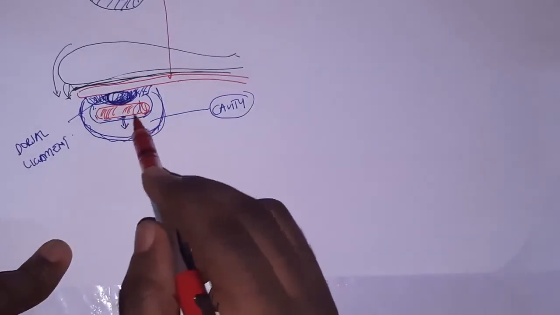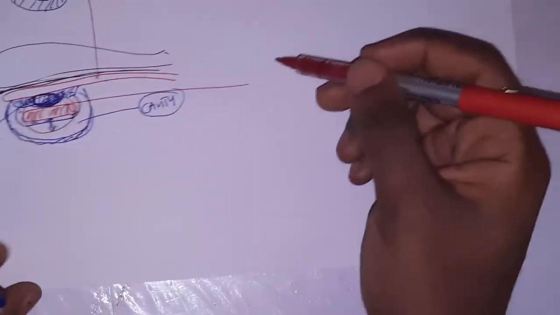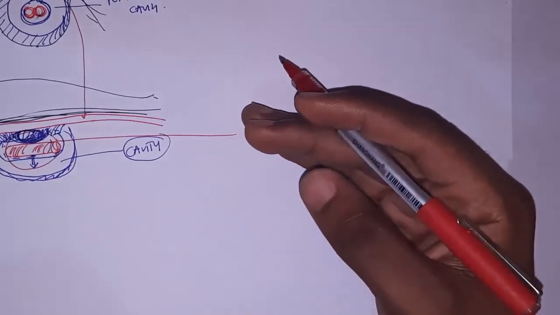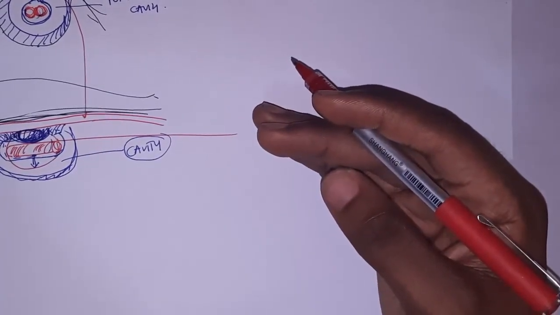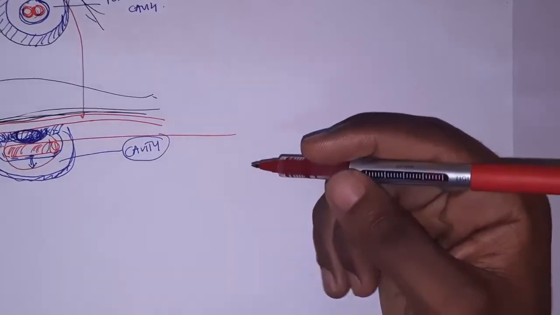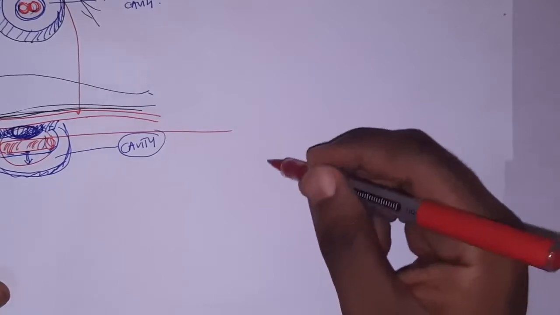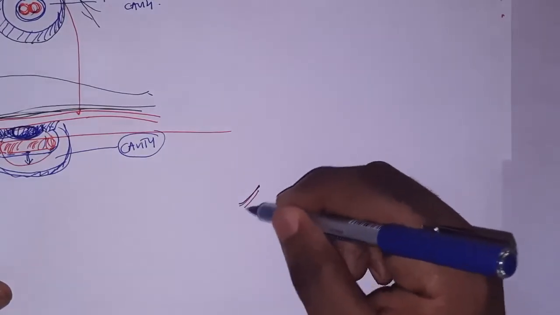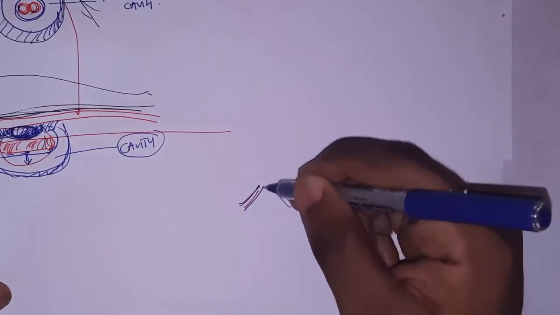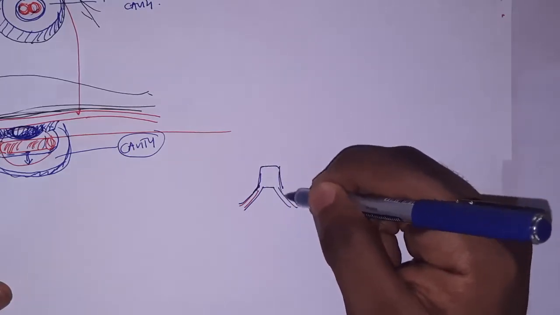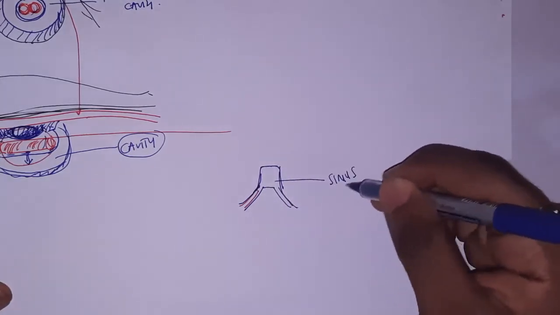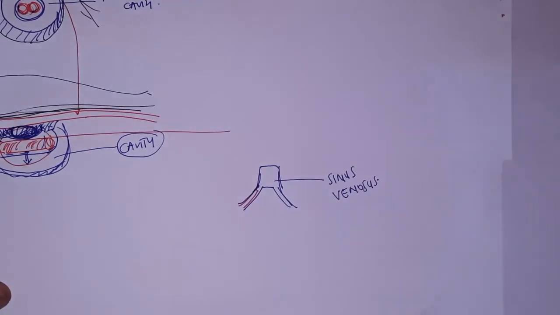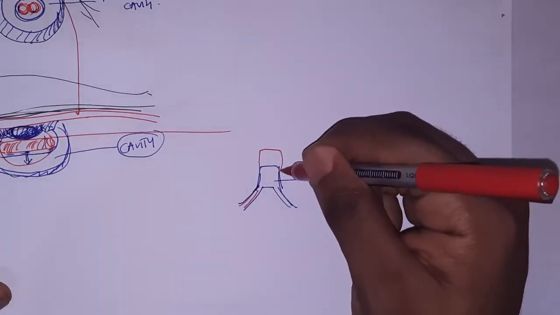But remember, this view, if we were to bring this tube out, the tube is divided into sections. These sections will be, if we bring this tube out, you have this part coming in, bringing in blood. This will be the sinus venosus. From there, it gets to the primitive atrium.